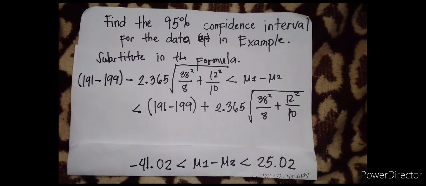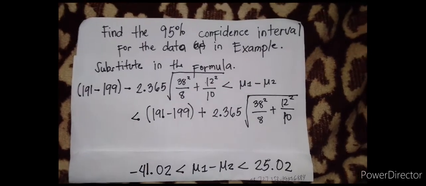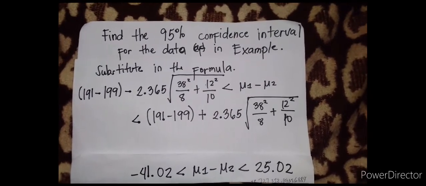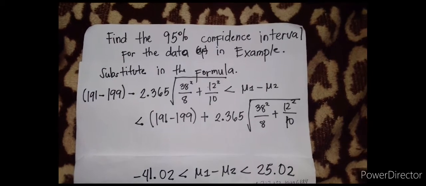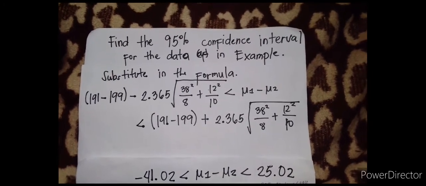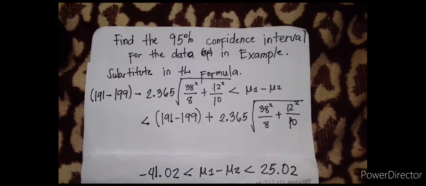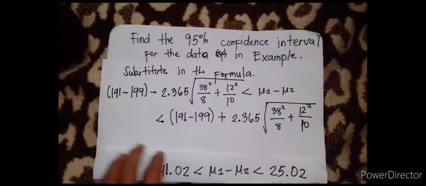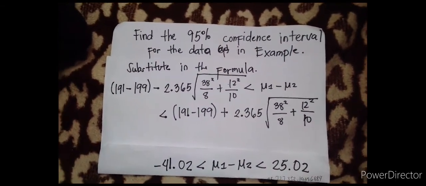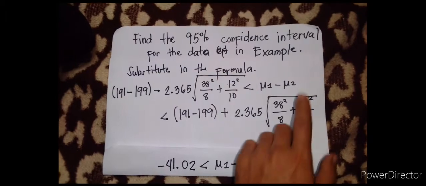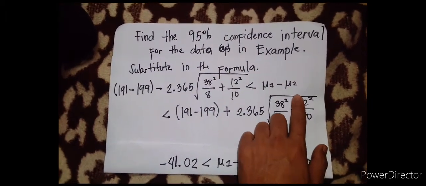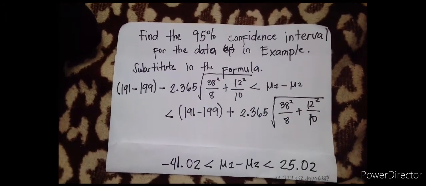So this is the example or the given problem. Find the 95% confidence interval for the data in our given example. Substitute the given values in our formula. The value of the population mean will be the value of the sample mean.